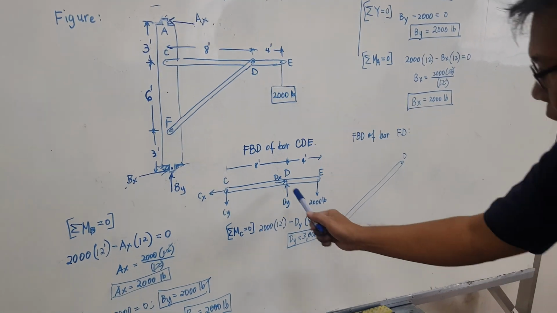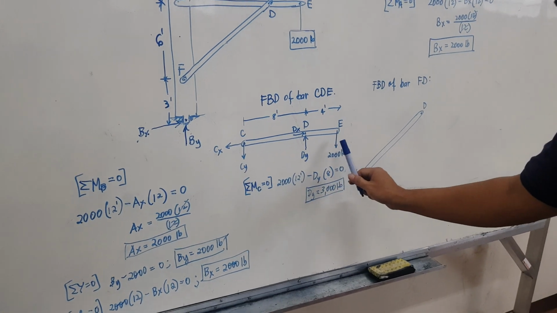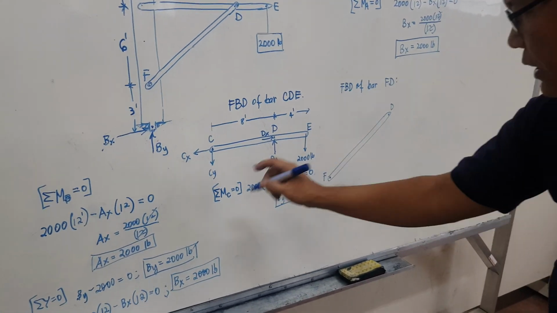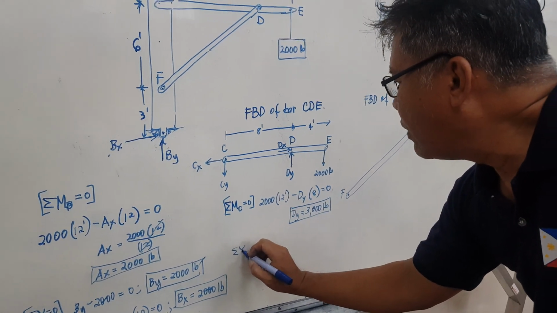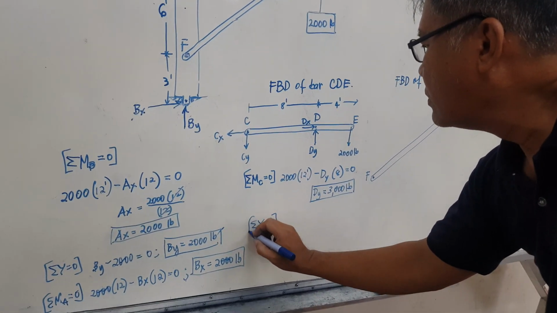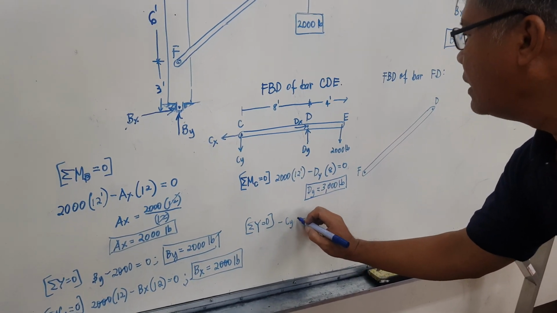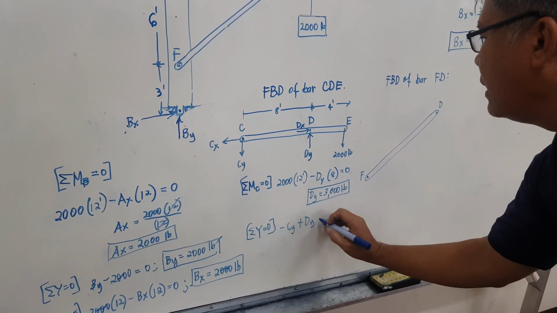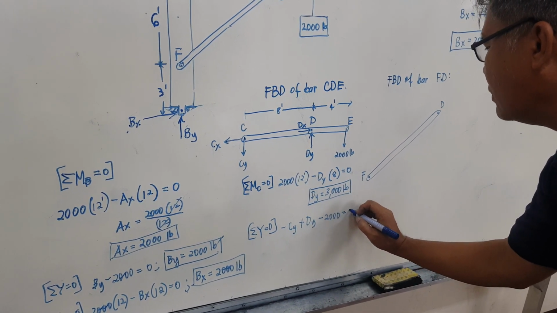Then we are going to observe that there are 3 vertical forces. So in order to solve for Cy, we can take summation y equal to 0. So that will be negative Cy plus Dy minus 2,000 is equal to 0.